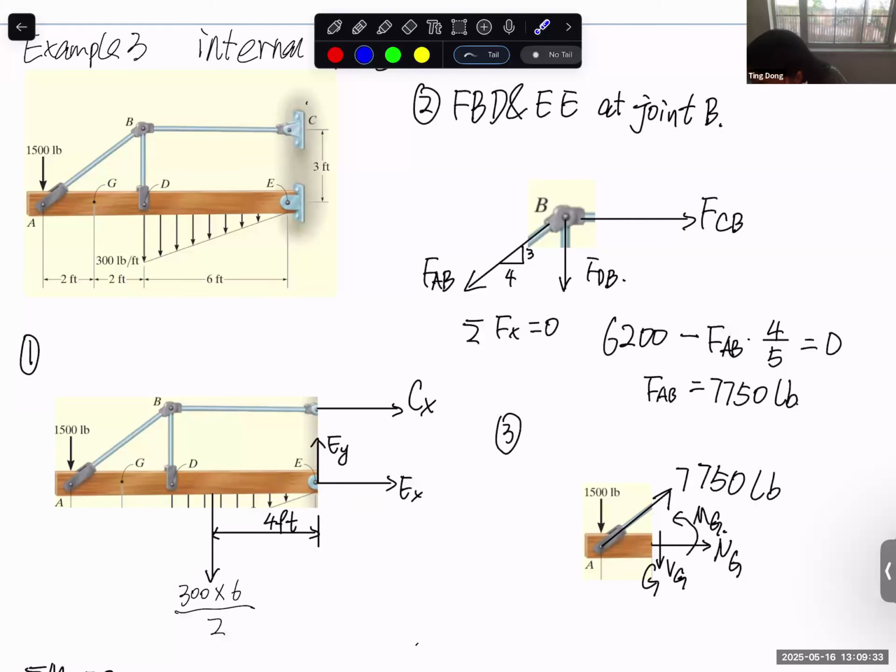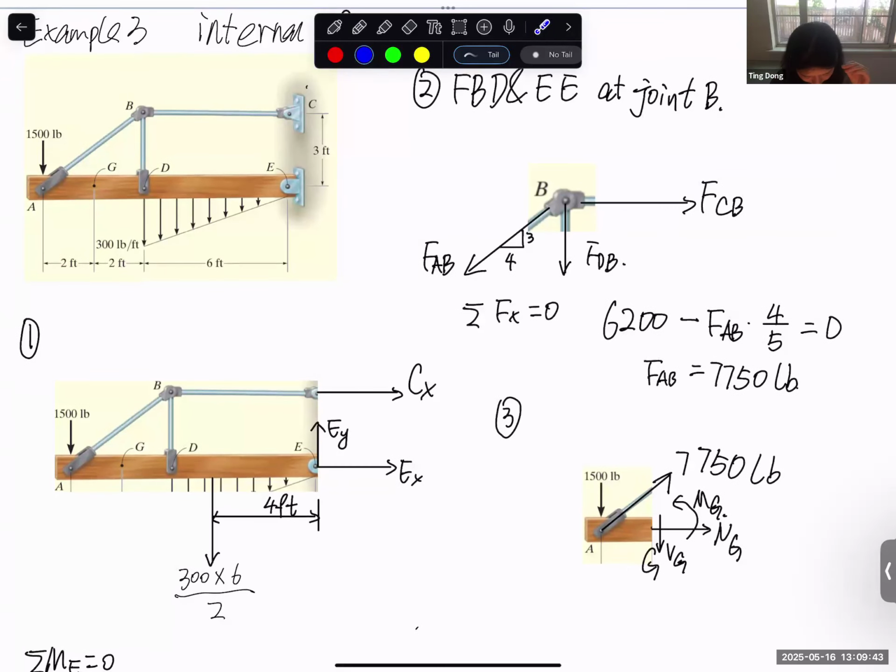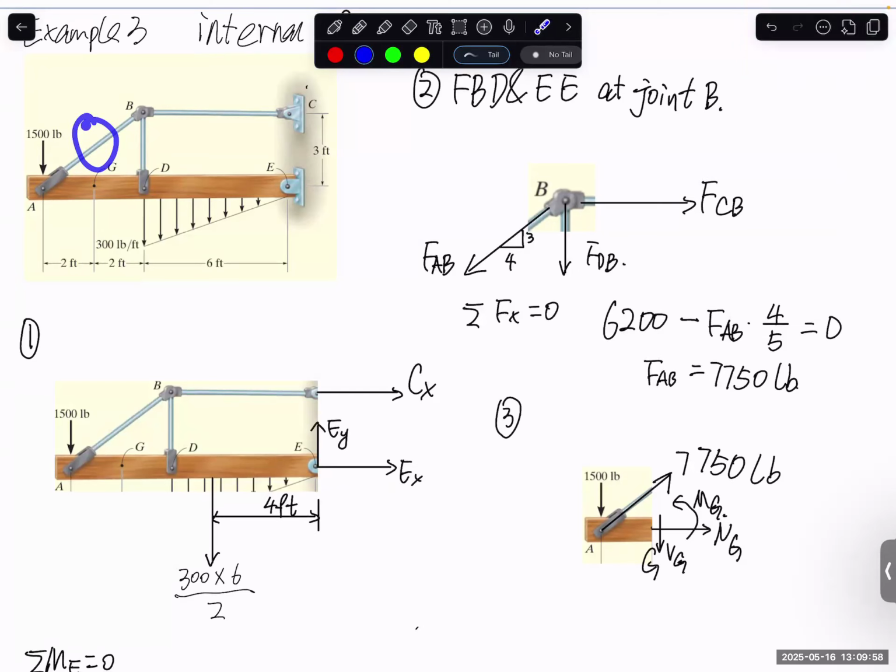Why is it not in compression? How do you know it's positive? Did you mean the AB section? The question about why it's not in compression, did you ask about the AB section? No, I was talking about the last part you worked on.